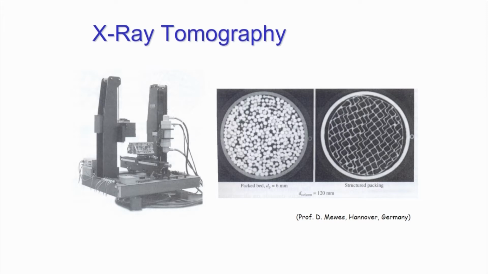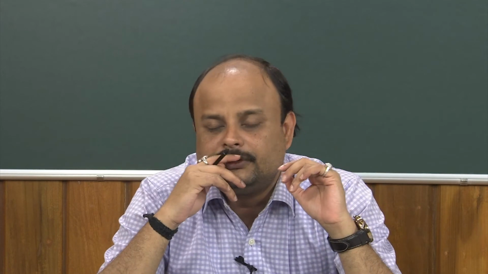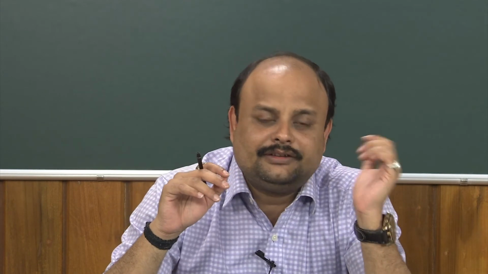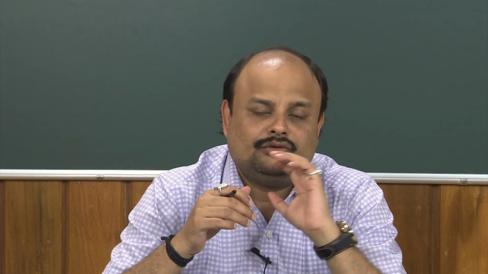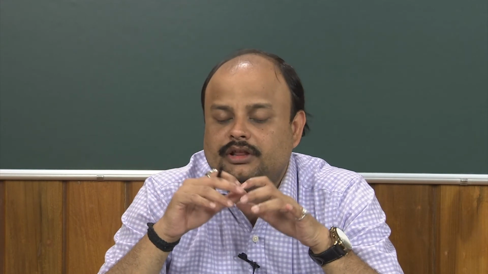Again there is an X-ray source generator and a detector, perfectly aligned. You generate the X-rays, and based on the transmission principle the intensity is recorded. The intensity change is recorded based on the attenuation, and that attenuation is mainly because of the mixture or the phases present within the system.